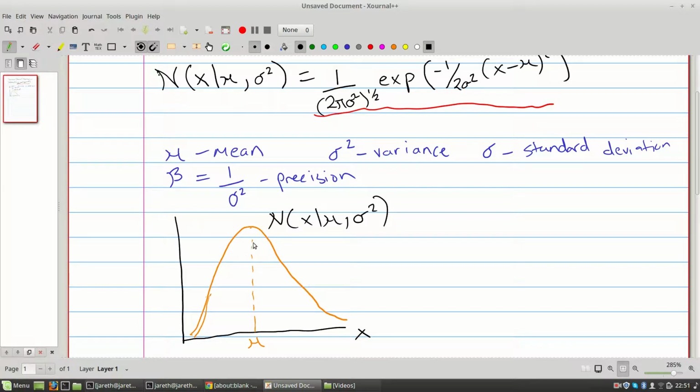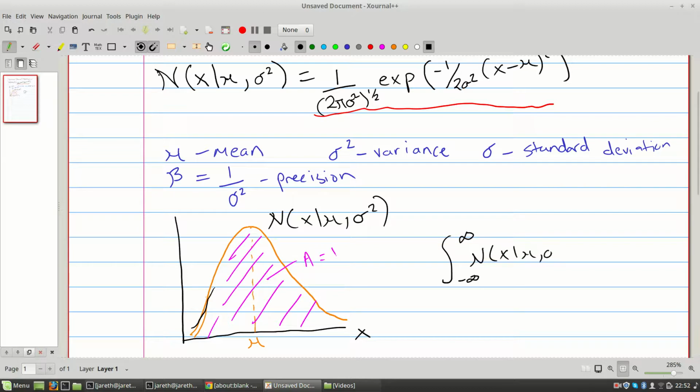Essentially what we're saying is, when we look at the area under this function, this area should be equal to 1. Expressed in another way, the integral from minus infinity to infinity of the normal distribution, parameterized by these two things, with respect to x, should be equal to 1.